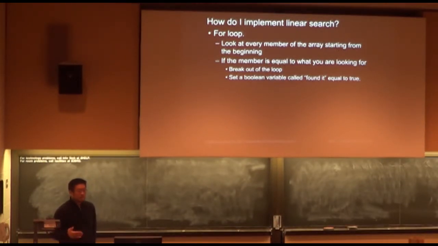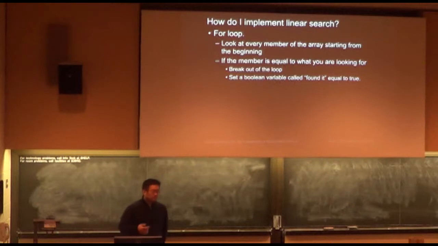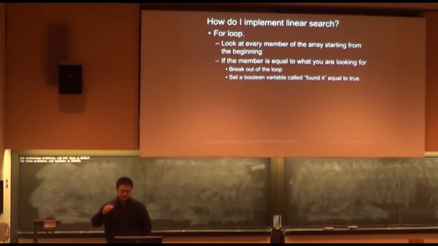I can say for i equal to 45,545, i less than 48,446, i plus plus, search linearly for this member, right? So I can make variations on the linear search very easily with the for loop that let me control closely the range that I search in.